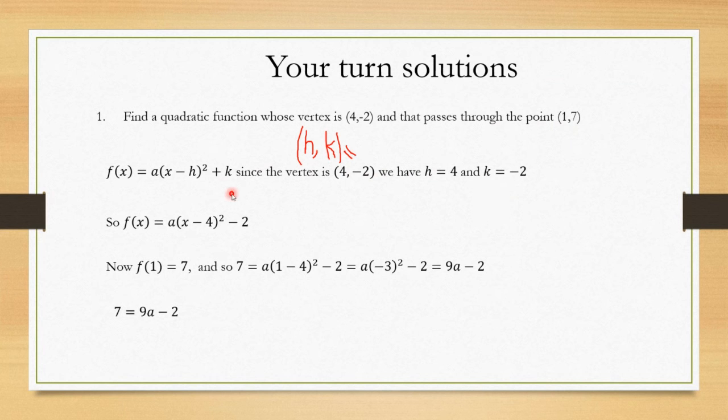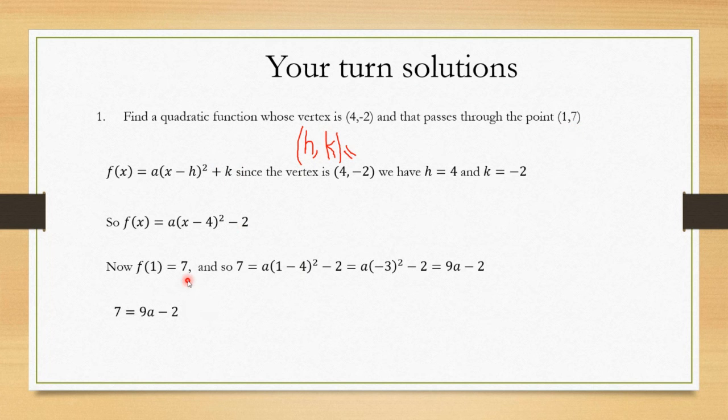So what do we do? We plug them in. h we replace by 4, k we replace by -2, so we have -2 here. Okay, well, we don't know what a is. What we do know is that (1, 7) is on the graph. Again, the function maps 1 to 7. The x coordinate is mapped to the y coordinate.